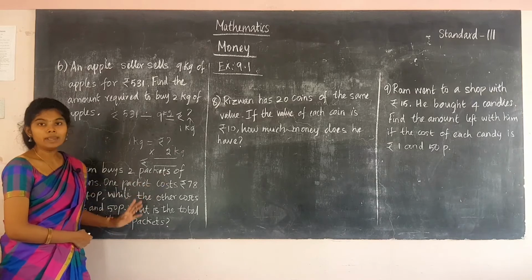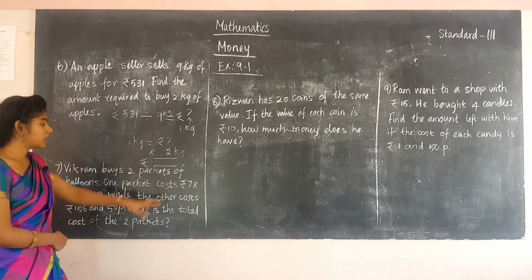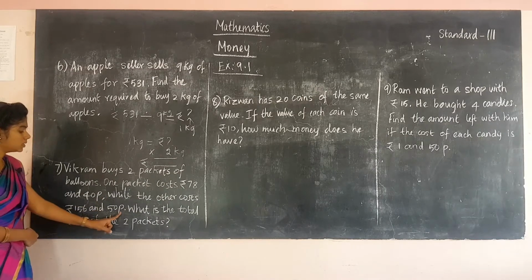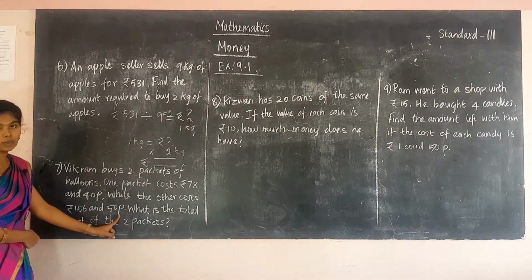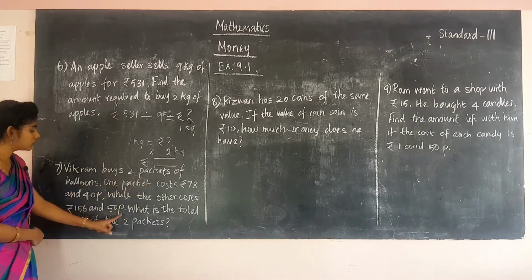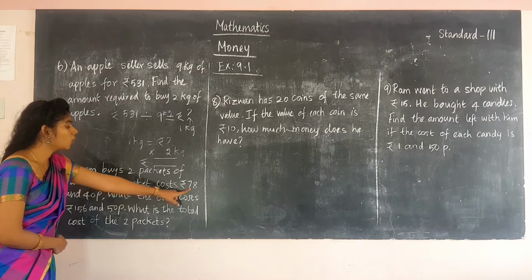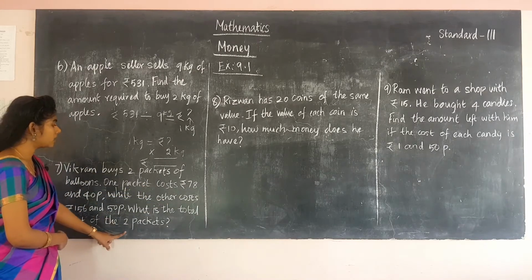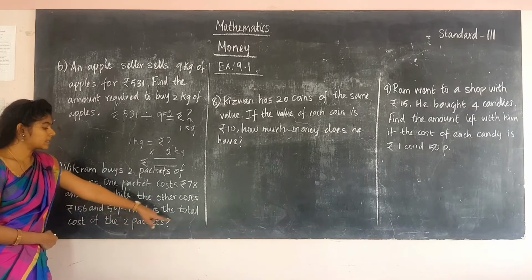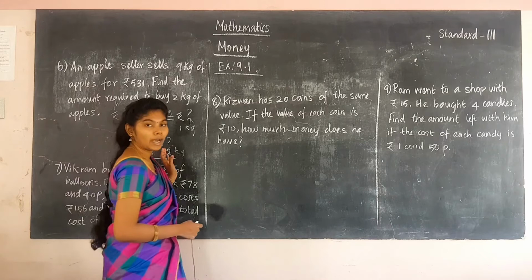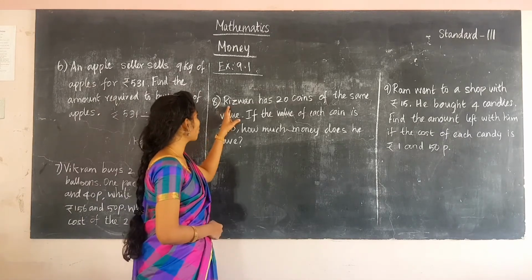To find the total we just have to add those two numbers. First we add the paise, 40 paise plus 50 paise, and then the rupees, 78 rupees plus 156 rupees. So you will get the total cost of the 2 packets. Just add those two numbers, and see the next problem.